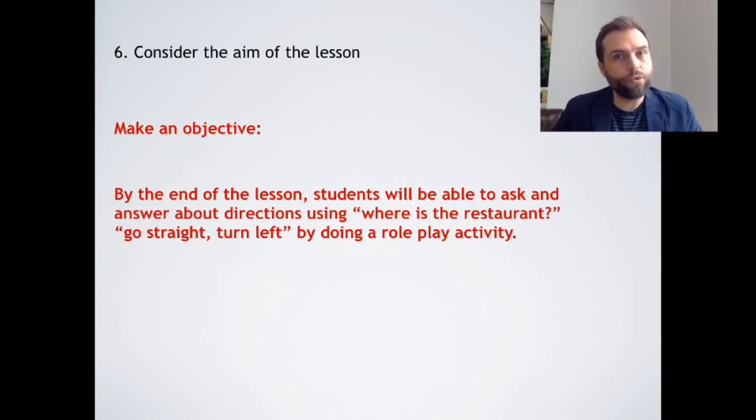Students will be able to, so that's a student-centered objective. We have ask and answer about directions, so there's your topic. We have the target language, where is the restaurant? And then we have the activity, doing a role play. Okay, so in this one sentence, we've got all the key information that we need for a lesson objective.